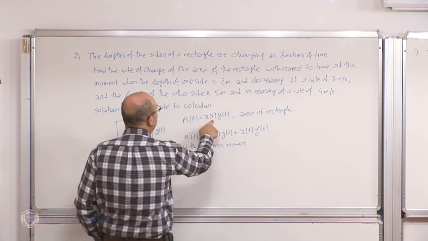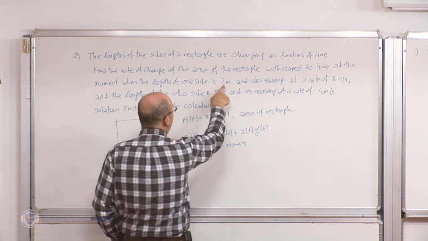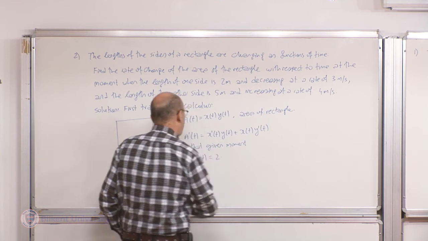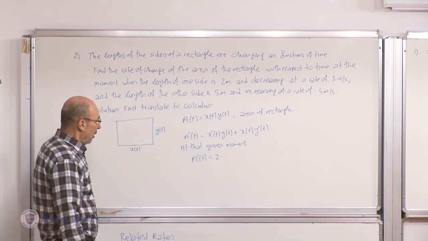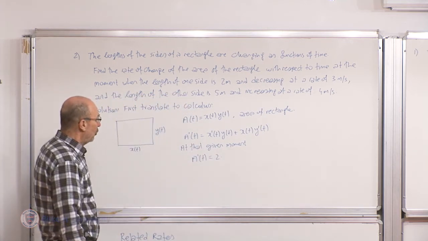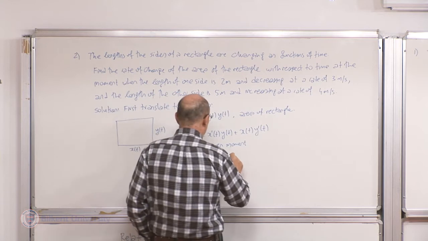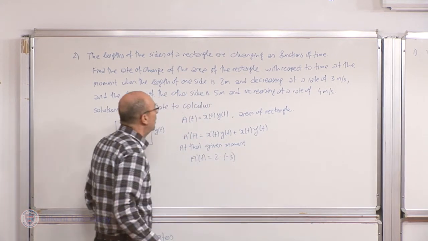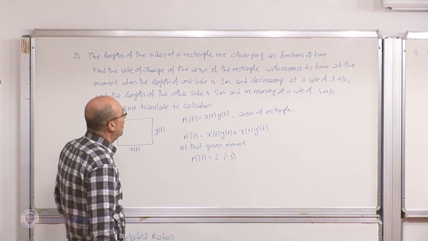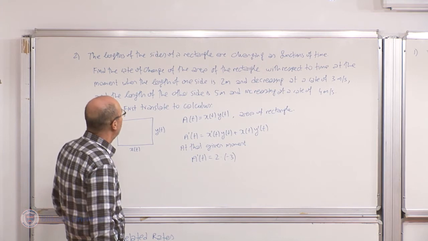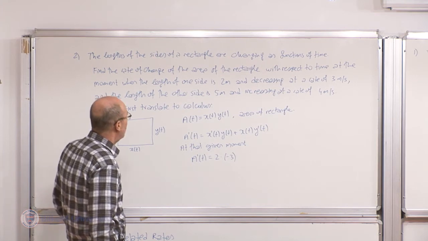X of t is 2, let me drop the units now. It is 2 meters and decreasing at a rate of 3. So it is decreasing at a rate of, decreasing means minus 3.